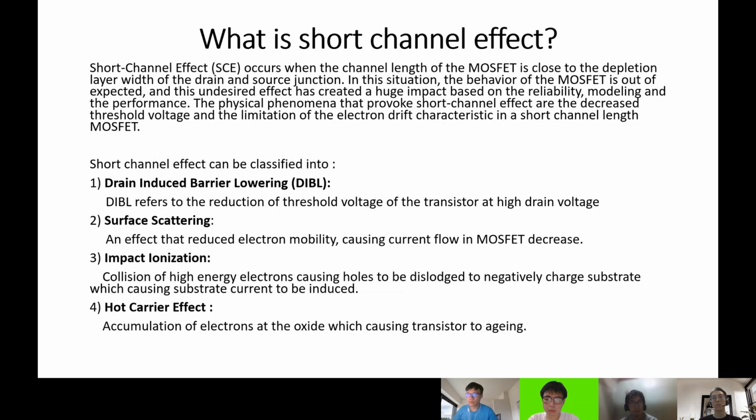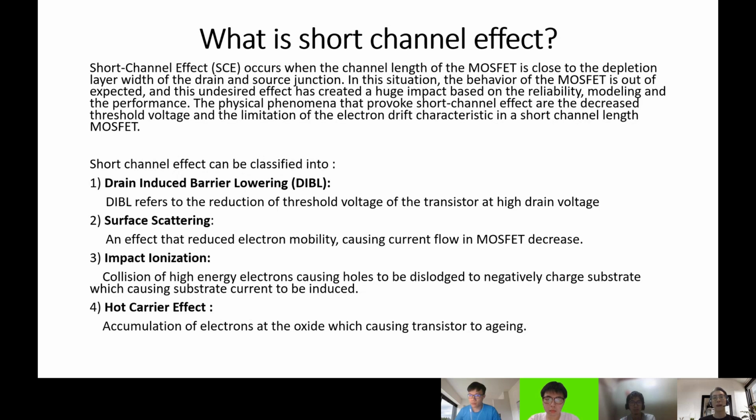In this situation, the behavior of the MOSFET is out of expectation, and this undesired effect has a huge impact on the reliability and modeling of the performance. The physical phenomena that provoke short channel effect are the decreased threshold voltage and the limitation of the electron drift characteristics in a short channel.